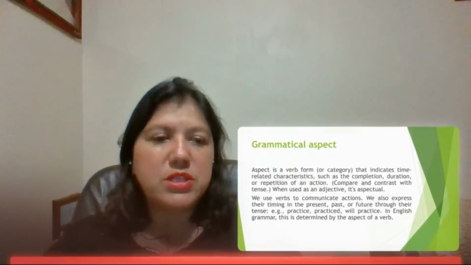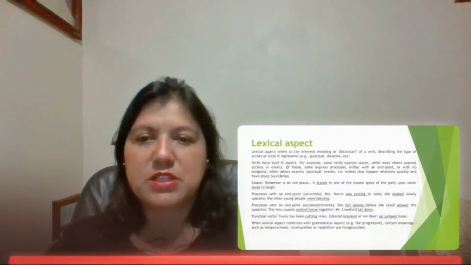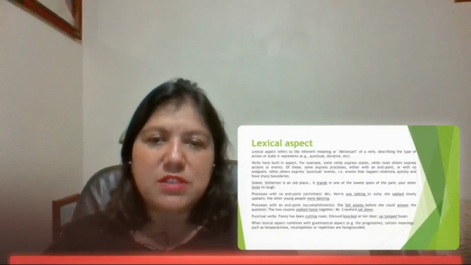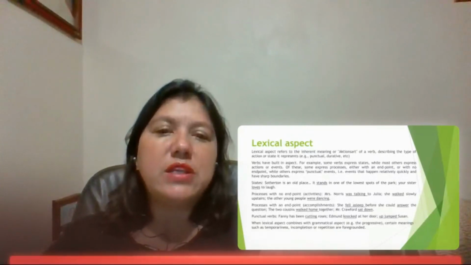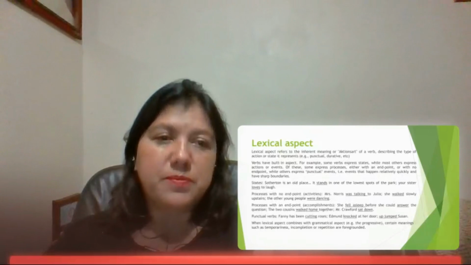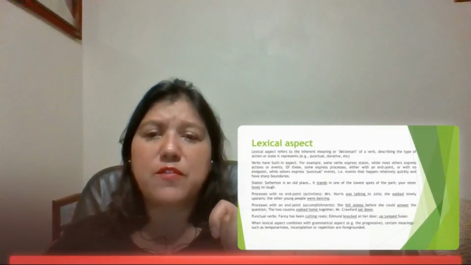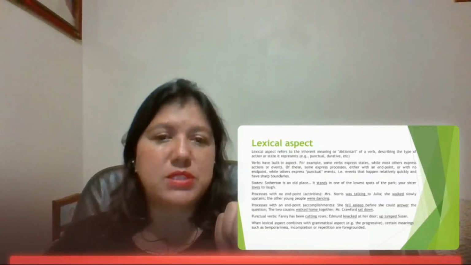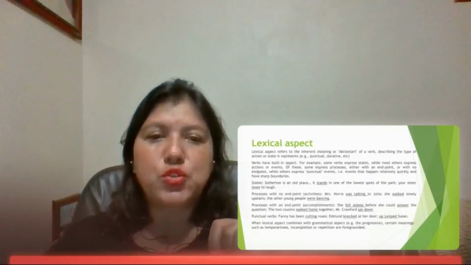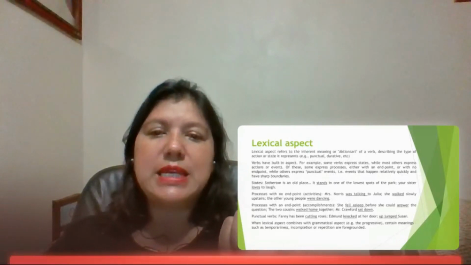And the last point is lexical aspect. Lexical aspect refers to the inherent meaning of a verb, describing the type of action or state it represents. It could be punctual, durative, etc. Verbs have built-in aspect.